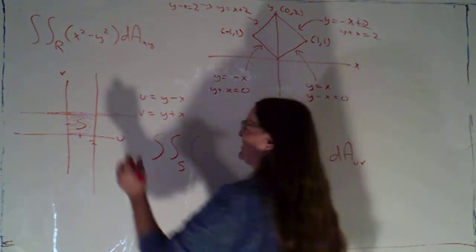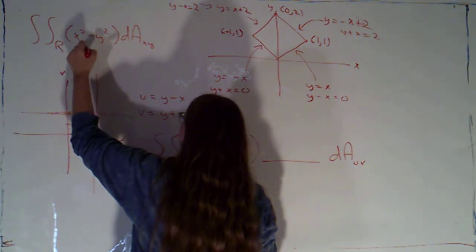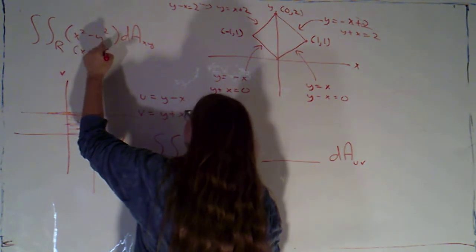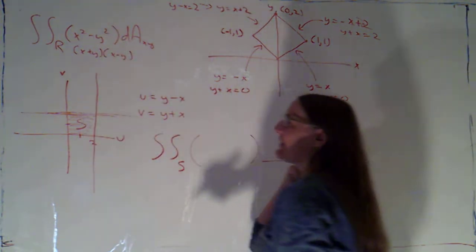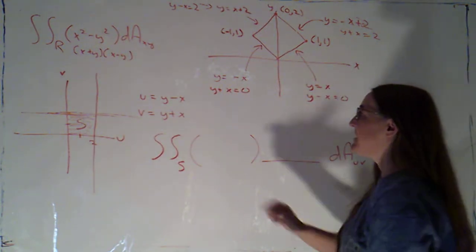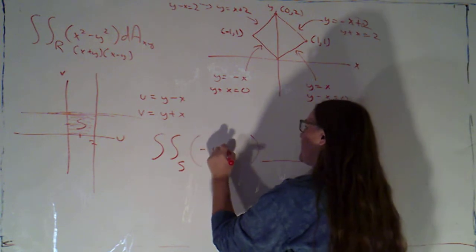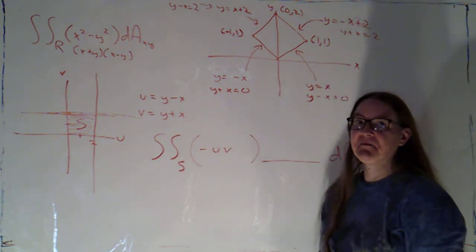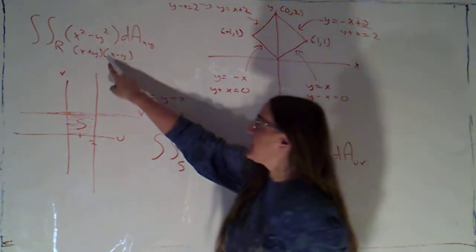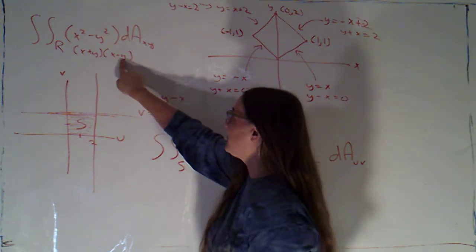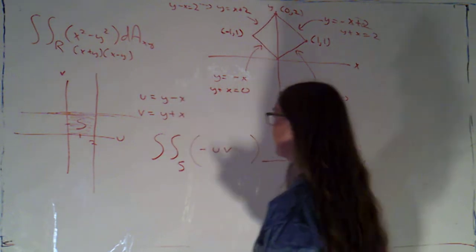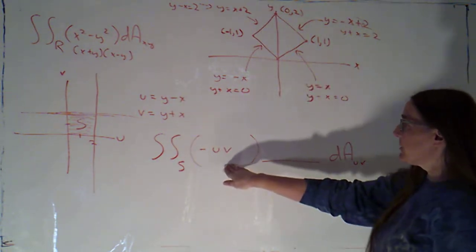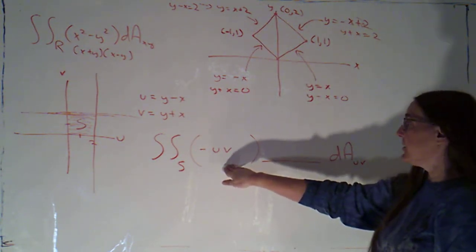But if I happen to notice that's a difference of two squares, so that's x plus y times x minus y, that's awfully nice, because that's just the opposite of u times v. Now do be careful, it is the opposite of u times v, because I'm getting x minus y, and we define u to be y minus x. But that way I can rewrite my integrand there.